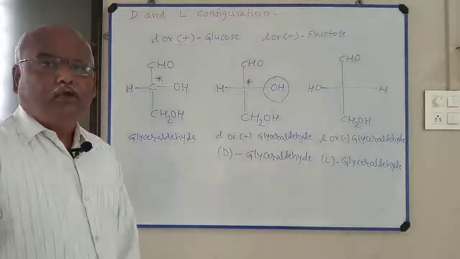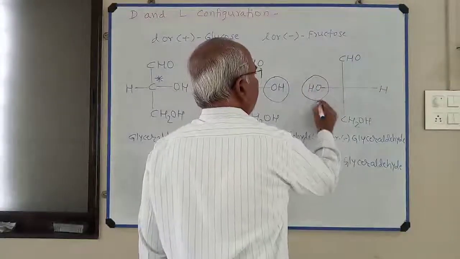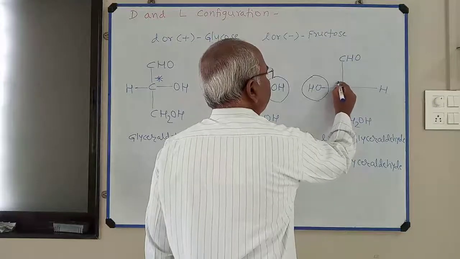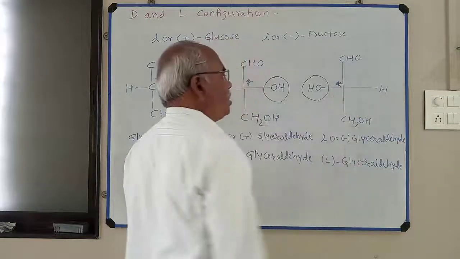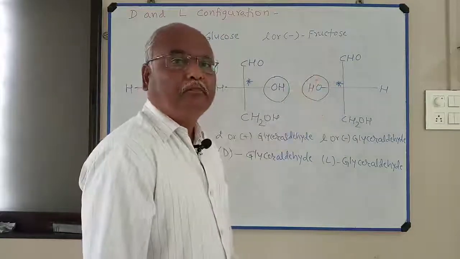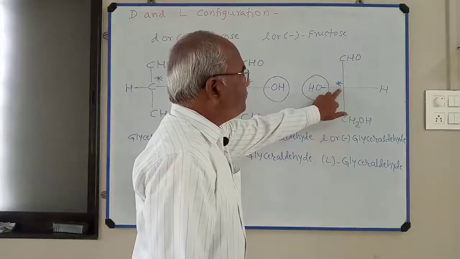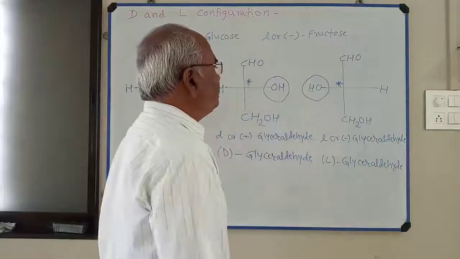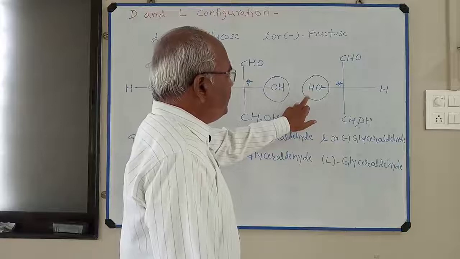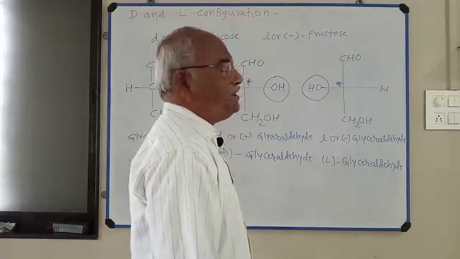When the OH group at the lowest chirality center or bottom asymmetric carbon atom is on the left hand side, then it is called L-glyceraldehyde.